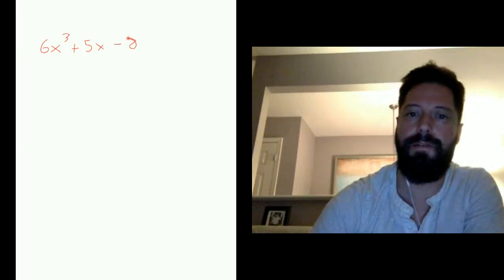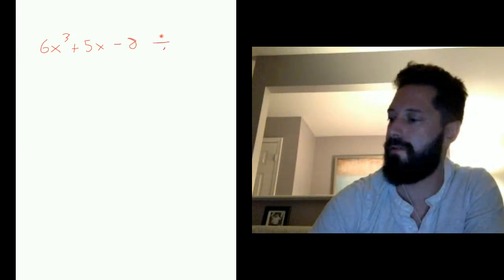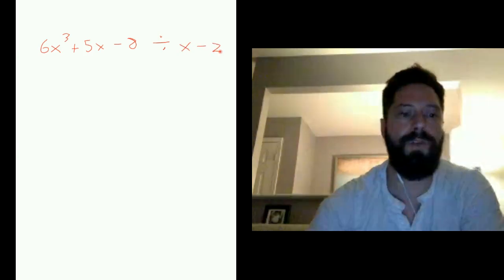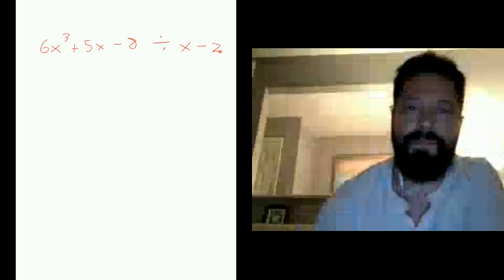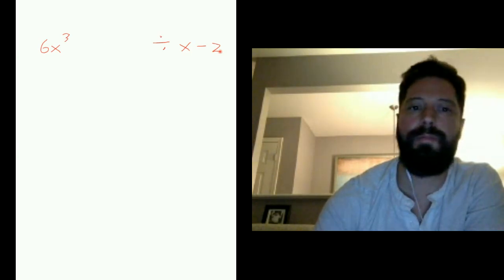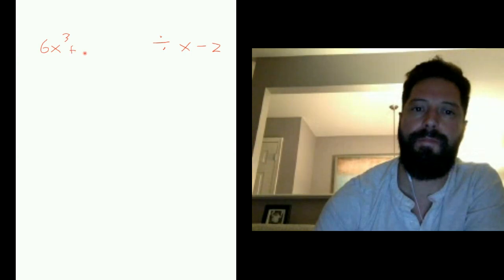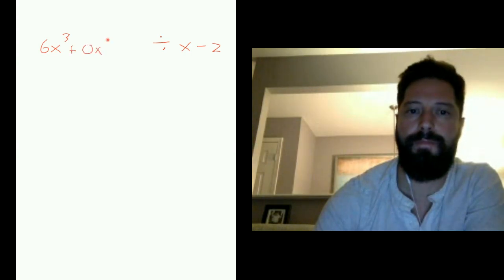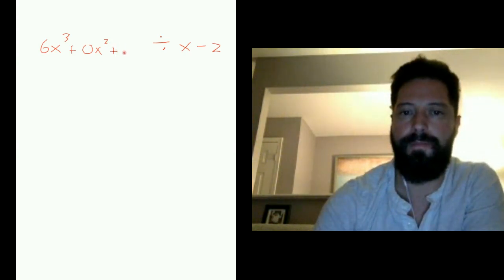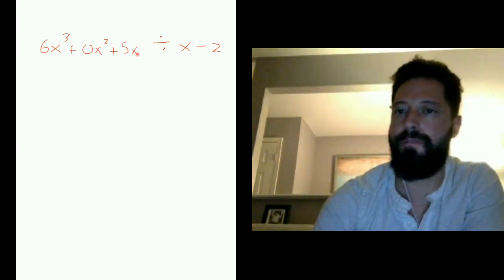It's missing something. It's missing an x squared term, so we need to rewrite this as 6x cubed plus 0x squared plus 5x and then minus 8, divided by x minus 2.